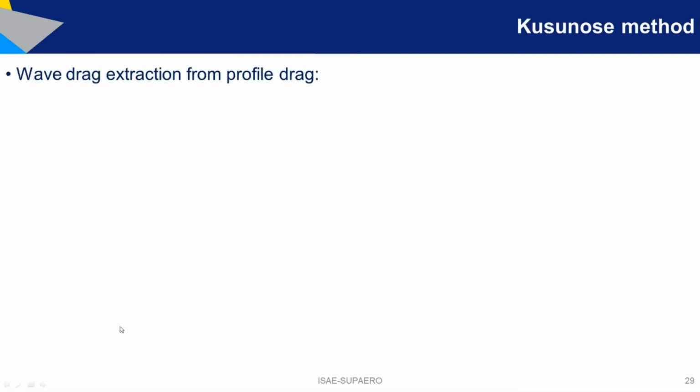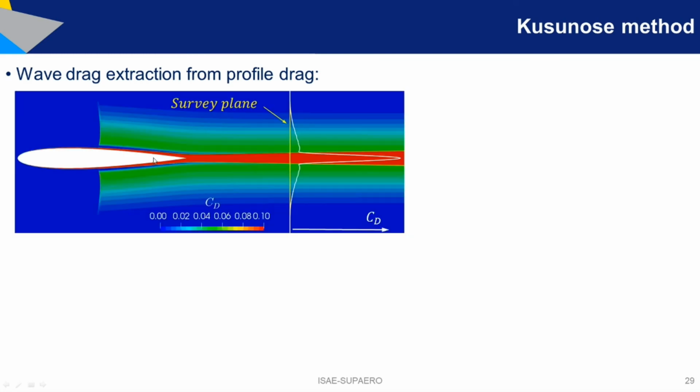Well, Kusunose went beyond. He even developed a method to extract wave drag from profile drag. So let's consider this time a transonic case. We have a 2D airfoil under transonic conditions. We have in red the boundary layer and the viscous part of the wake.